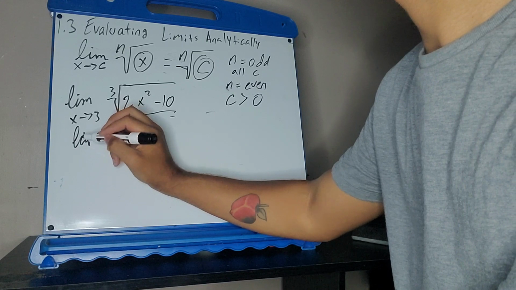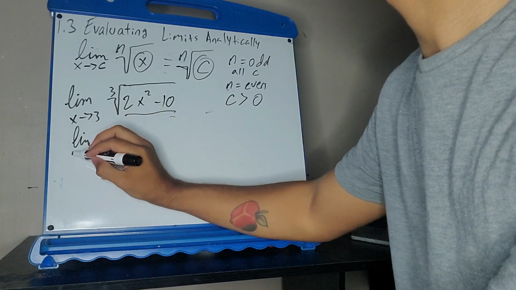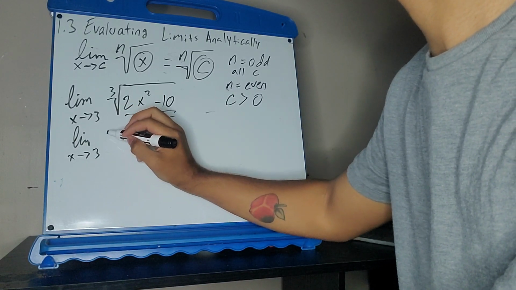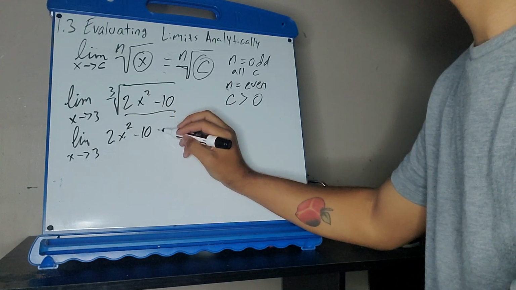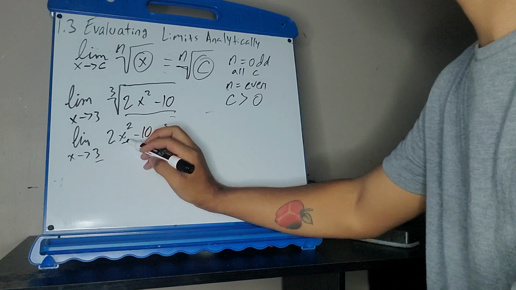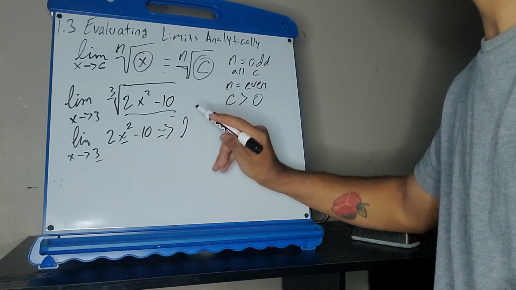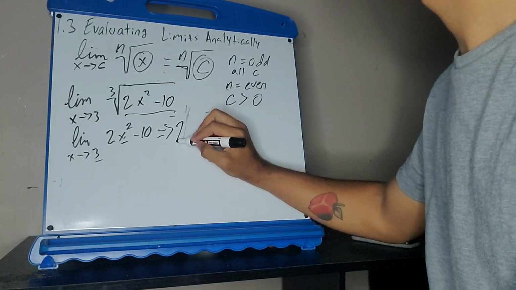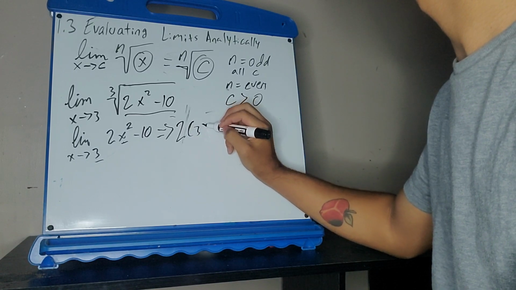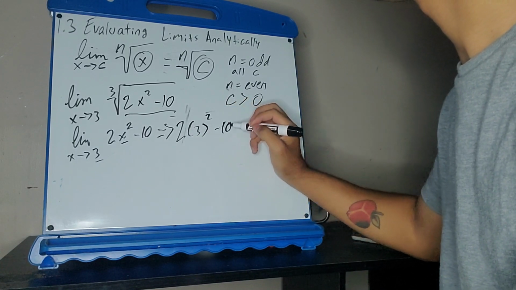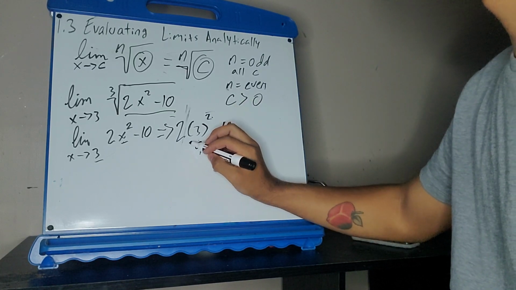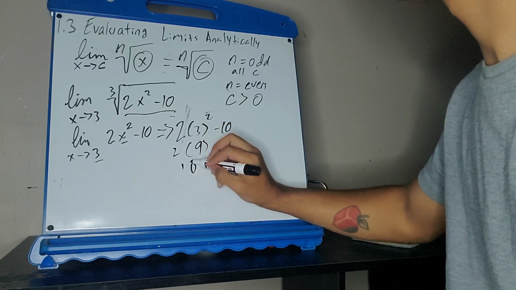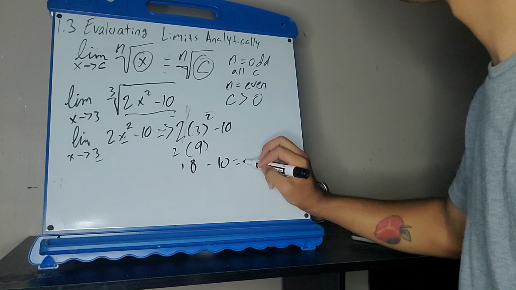So just as we saw before, we can find the limit as x approaches 3 of 2x squared minus 10, which will then be translated into 2 times 3 squared minus 10. 3 squared will be 9, times 2, 18, minus 10, 8.